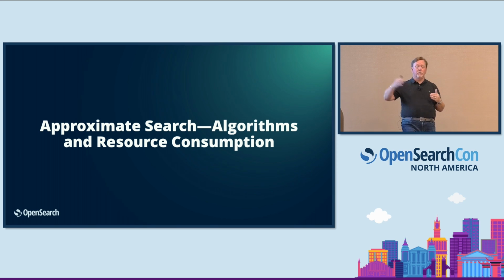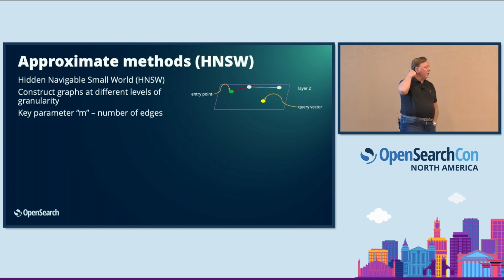The latency goes linear with the number of vectors. So approximate algorithms enable you to reduce the latency, and you also reduce the accuracy. So you end up with not as good matching, but good enough matching at a much lower cost.